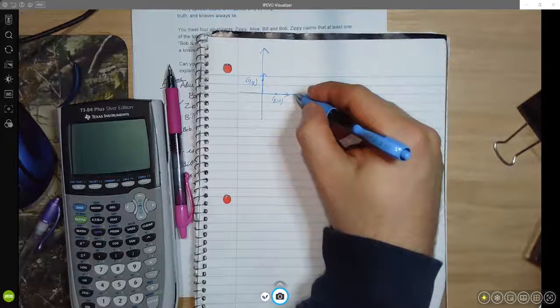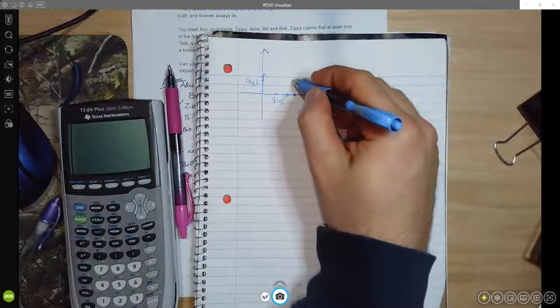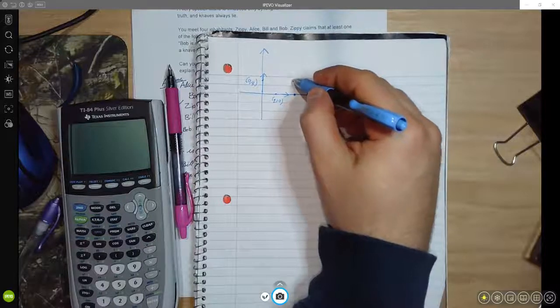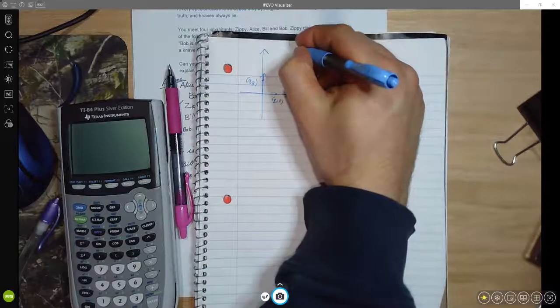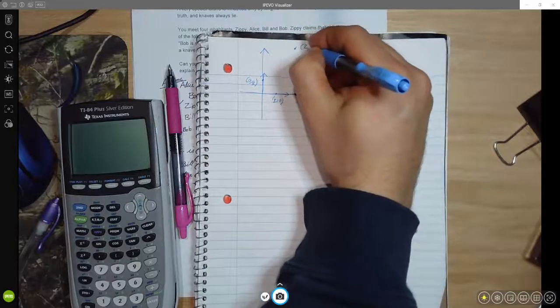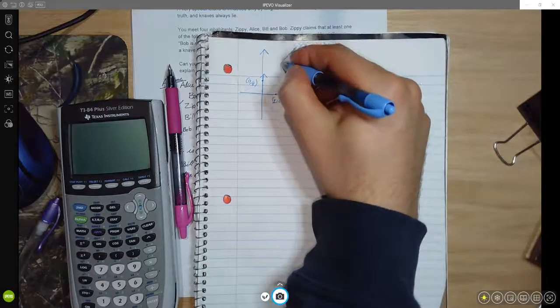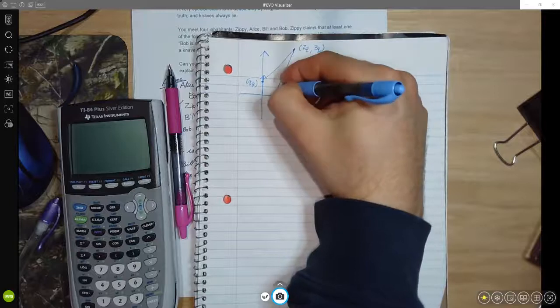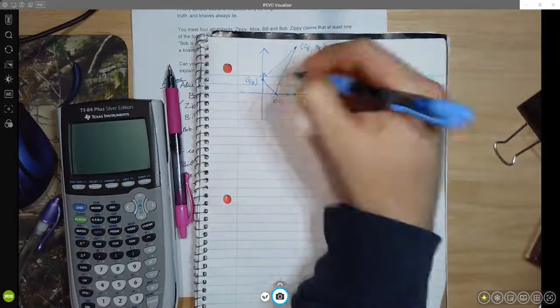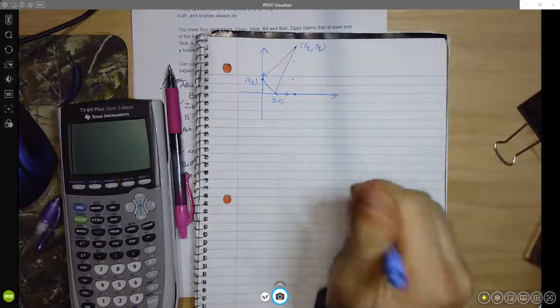So here would be 2q, that's q, this is 2q. And then if this is q, 1q, 2q, let's call it 3q. All right, so here's my triangle, approximately. Now it says prove it's a right triangle.